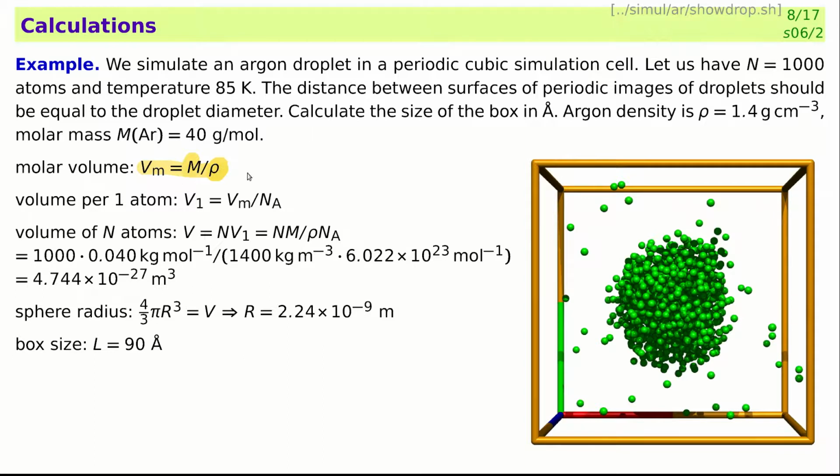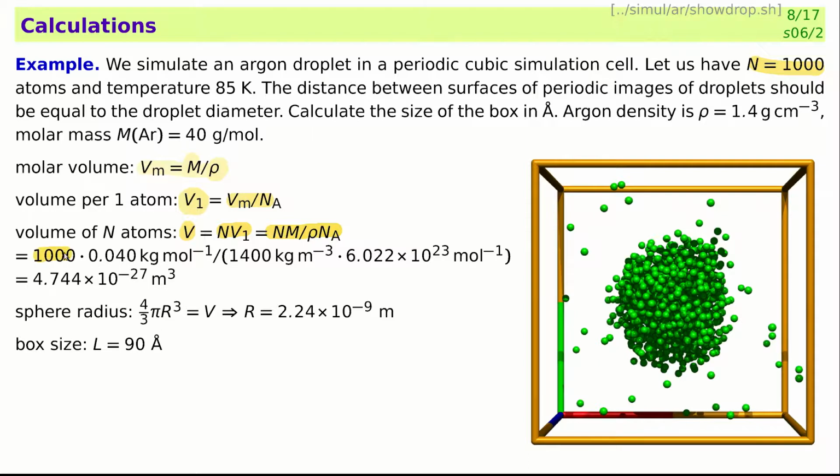I guess it is quite easy. No problem with these calculations. Volume of one atom we get by dividing the molar volume by the Avogadro number, and volume of n atoms, we have 1000 of them, will be n times this. So this is the final formula for volume, and let's calculate it.